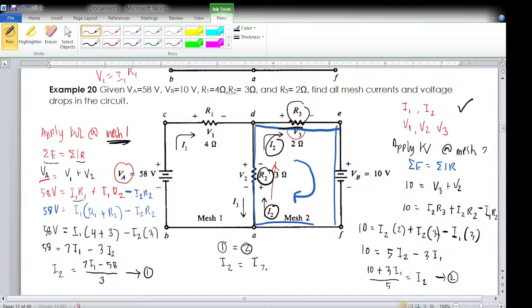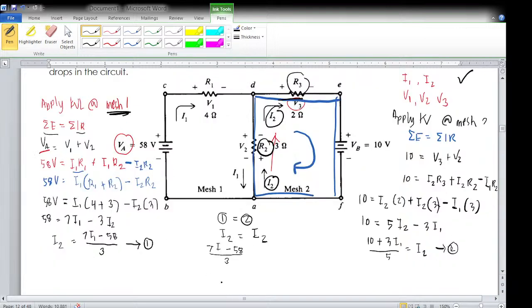The value of I sub 2 in equation 1 is 7 I sub 1 minus 58 over 3. And on the other side, I sub 2 is 10 plus 3 I sub 1 over 5. Can you see it now? How many unknowns do we have left in this case?